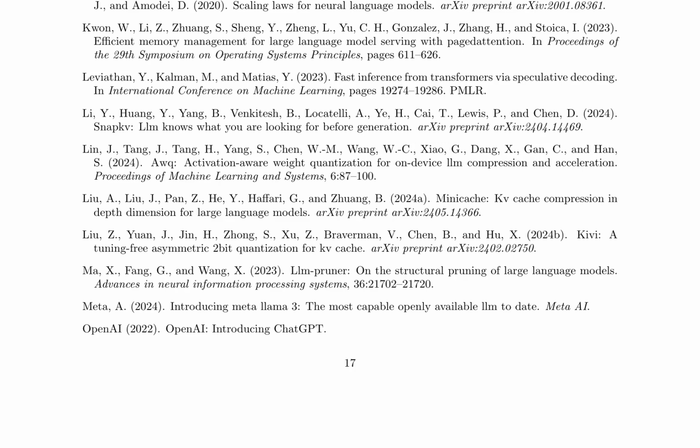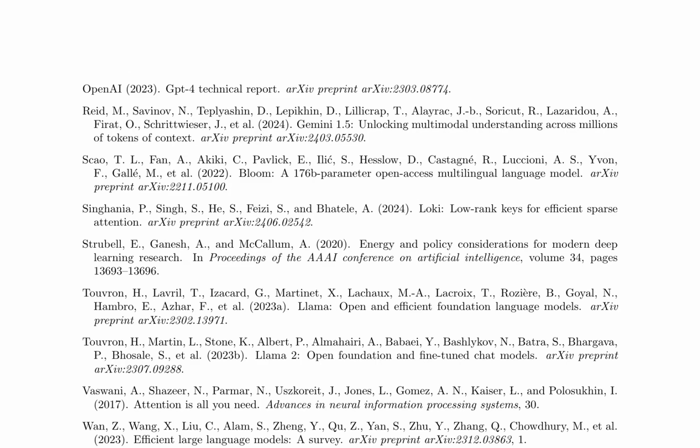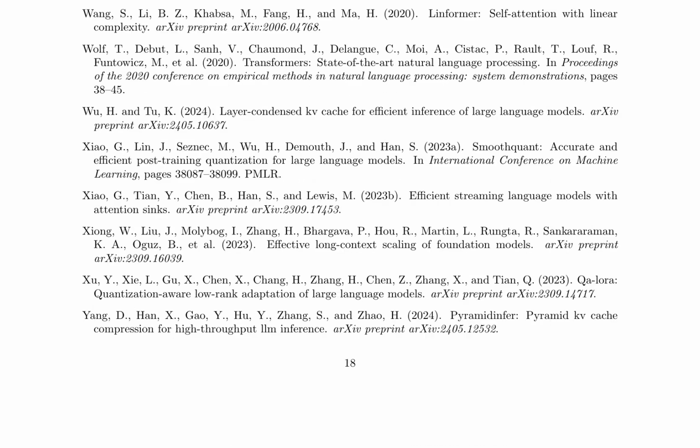Additionally, the authors explore the idea of using low-rank keys for efficient sparse attention, proposing a method called Loki. They also discuss the importance of considering energy and policy aspects in modern deep learning research. The paper also covers various other topics, such as the use of asymmetric 2-bit quantization for KV cache, the concept of LLMs with multimodal understanding, and the development of efficient streaming language models with attention sinks.